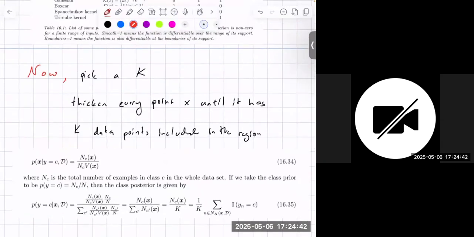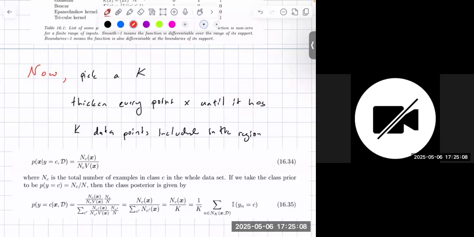Okay, so here is what I just said in more detail. Pick a K, your K nearest neighbor. Thicken every point until it's got K neighbors. Then look at the region that you thickened your point to, where it's got K neighbors in that region. The area or volume of that region is this Vx.